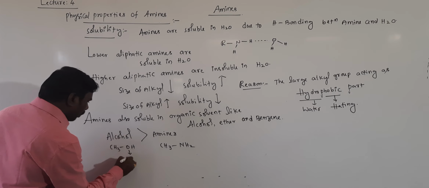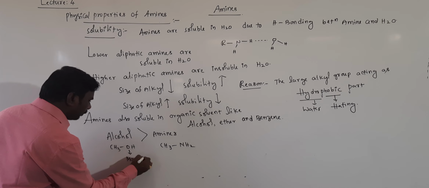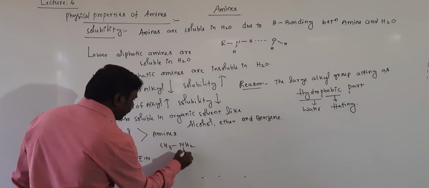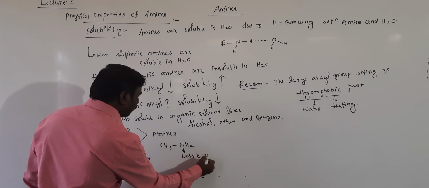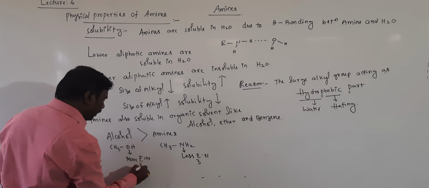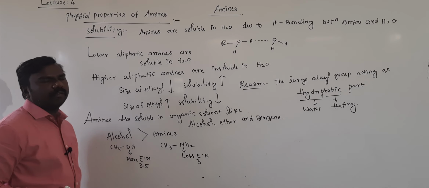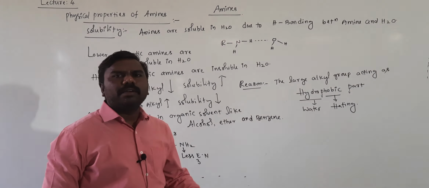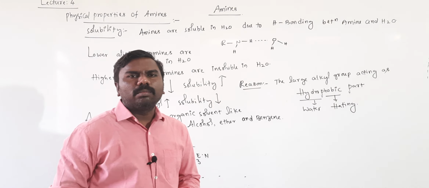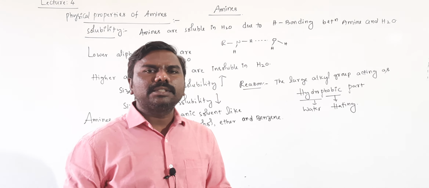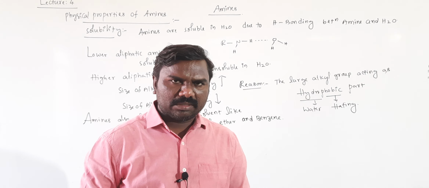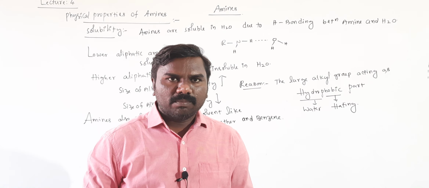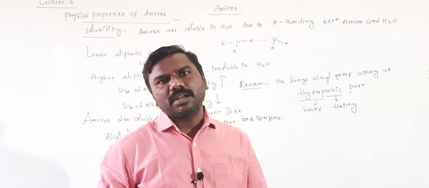Oxygen is more electronegative. Nitrogen, when compared with oxygen, is less electronegative. This is 3 electronegativity, this is 3.5 electronegativity. More electronegativity means more polar. More polar means positive and negative charges will be easily formed, then it is easily soluble in water, because water is also polar. Polar compounds are soluble in polar solvents.